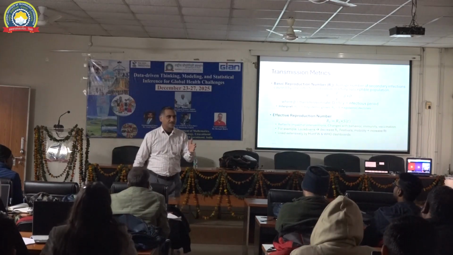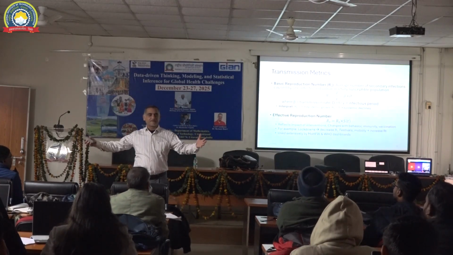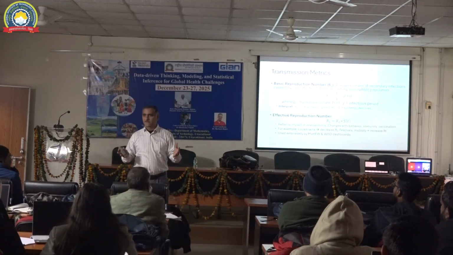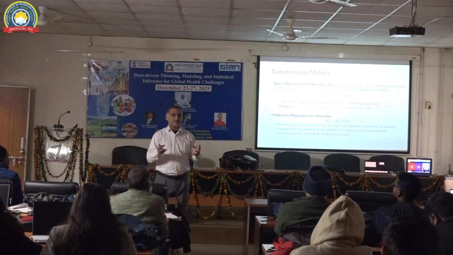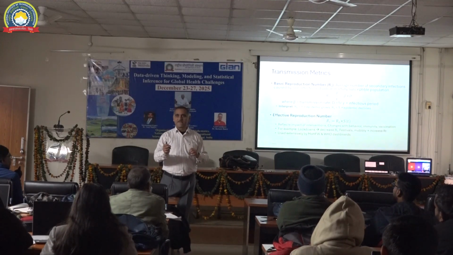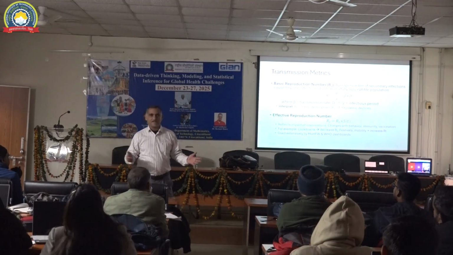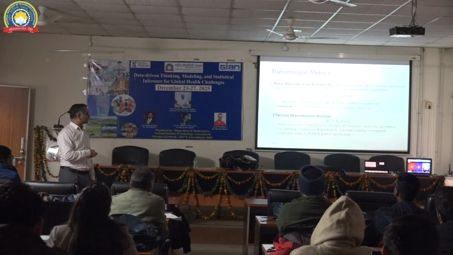Do you think that will remain the same all the time? No, because the pool of susceptibles is changing. If the pool of susceptibles, due to interventions, has changed to a very small pool, the number of new cases generated must change. And that is what this is saying. This formula is called the effective reproduction number.